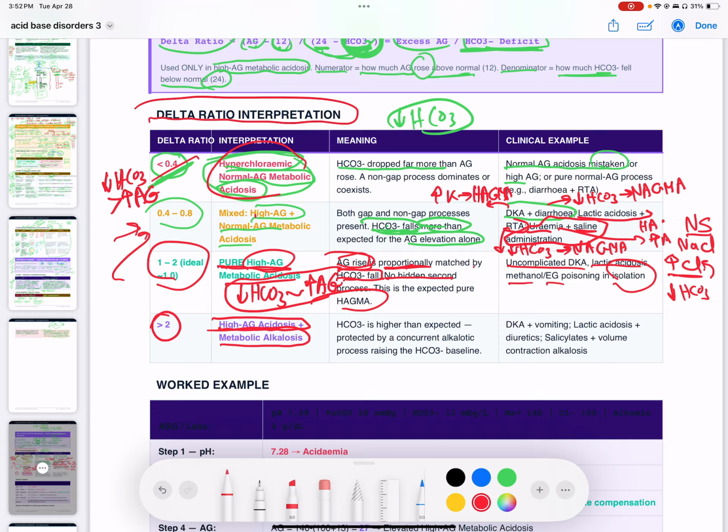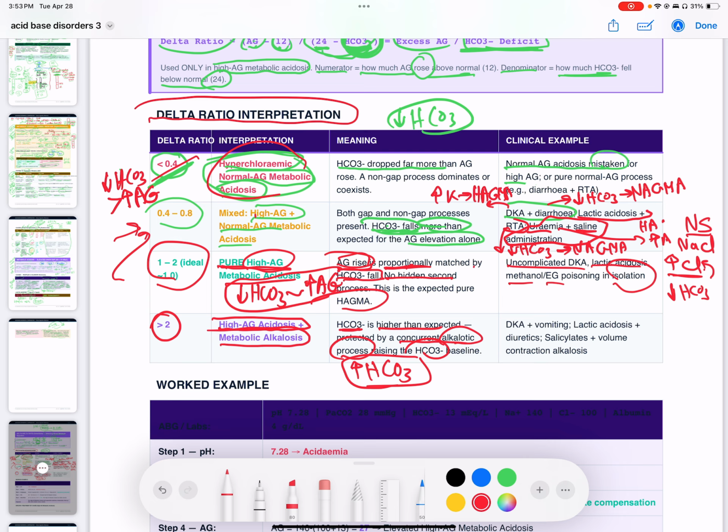This means that the HCO3 is higher than the expected range for the anion gap. That usually means there's a concurrent alkalotic process here that's increasing the bicarb.